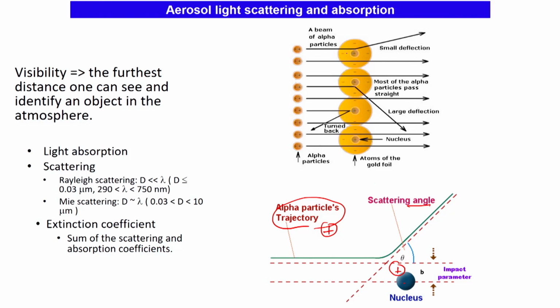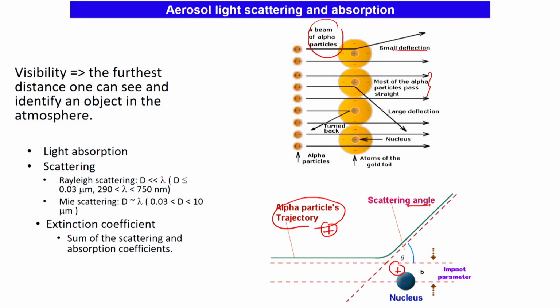Similarly, what happens when a beam of alpha particles passes through? There could be a small deflection, or most of the alpha particles pass straight through, as they do not encounter the nucleus, being a little bit away from it.